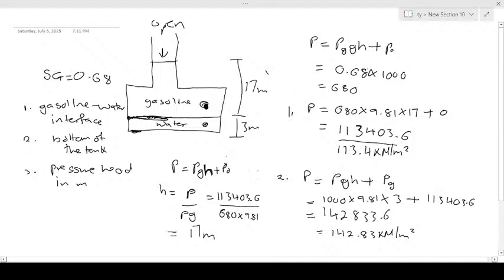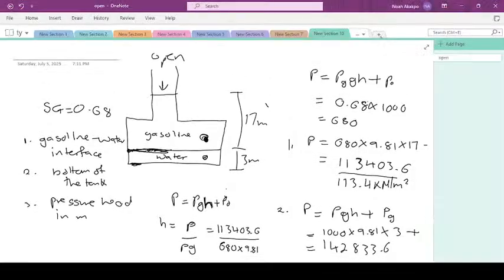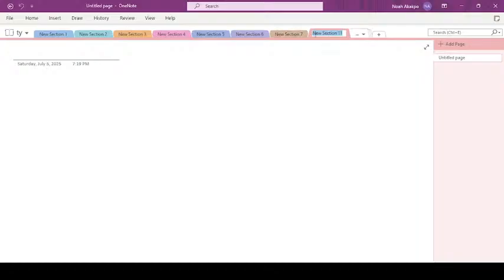Okay, we are moving on to manometric pressure, or gauge pressure. Manometric or gauge pressure is the differential pressure above atmospheric pressure at a point in the fluid.